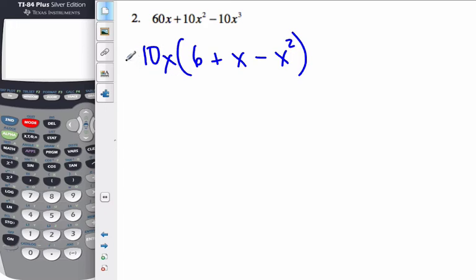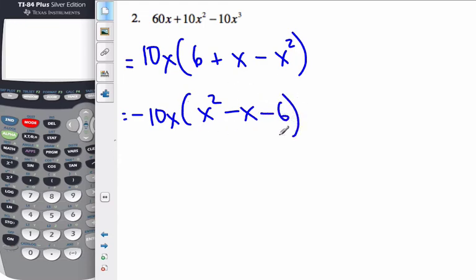Now, when I'm factoring, the way this is written right now is not very helpful to me. I want it to be a positive x squared in front. I need to make this positive. So what I can do is pull out a negative sign, and so it's equal to negative 10x, which makes this positive, makes this one negative, and positive 6 will become negative 6.